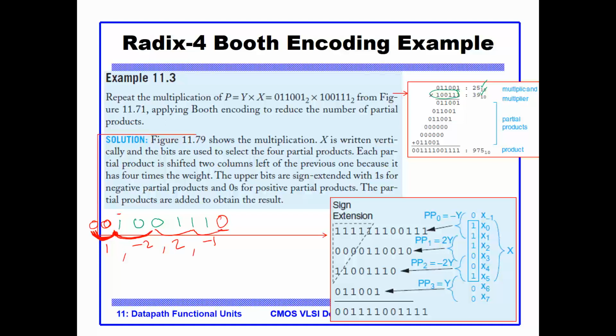You can say here the weight of this is 2 to the 0, 2 to the 2, 2 to the 4, 2 to the 6, and you add them up. So 1 multiplied by 2 to the 6, which is 64.